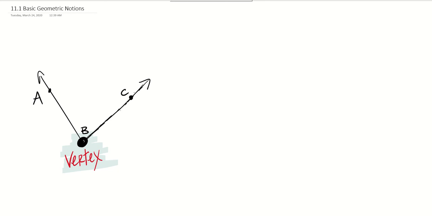So for this one here, I can name this angle A, B, C. I need 3 letters because I'm talking about side, vertex, side. Or, in this case, I don't have any other angles, so I can name this angle A. Okay, or I could go in either direction.